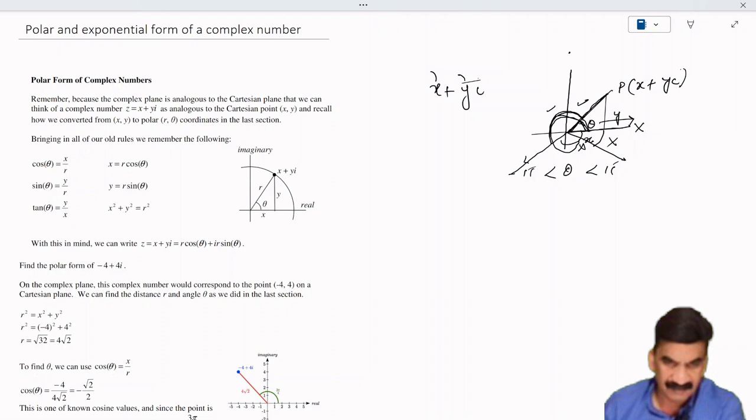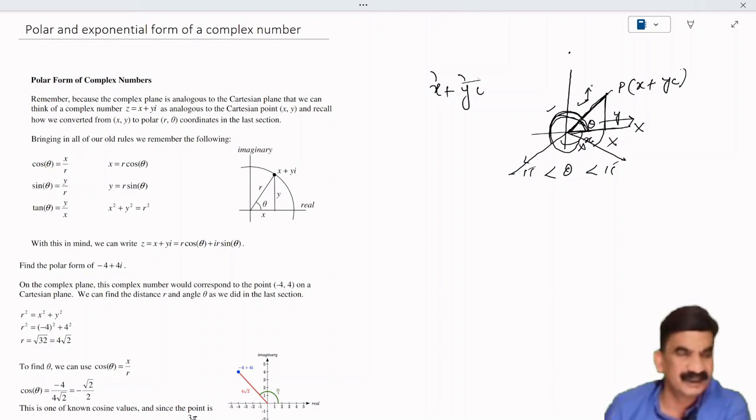This thing, which is the hypotenuse of the triangle that is formed, is called the magnitude of the complex number. And this is how we arrive at the polar form. For example, this is x, this one is y, and this is r.